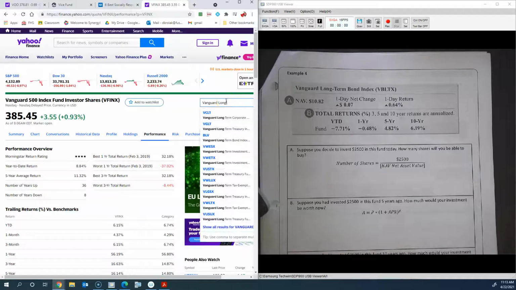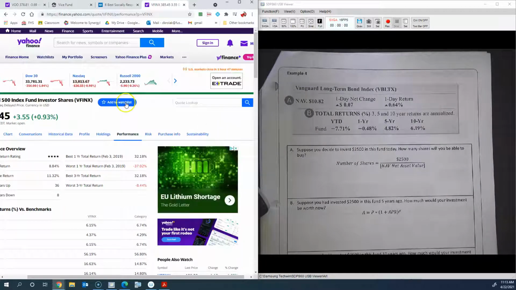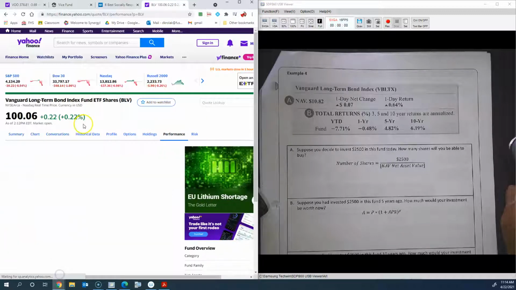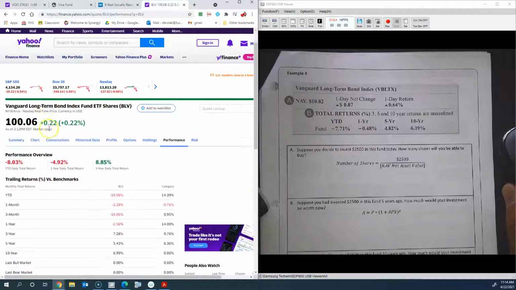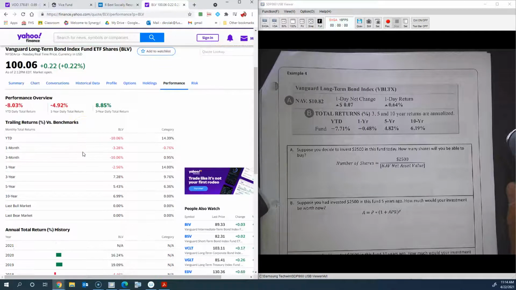So if I invested in this mutual fund, it's a lot cheaper. It's only $100 a share. And see, it's not paying as much, 7% over 3 years, 5% over 5 years.